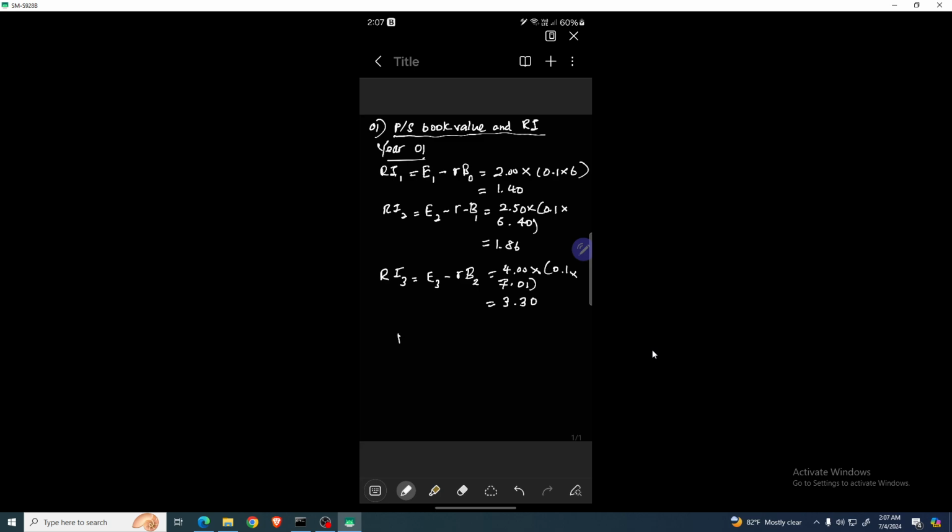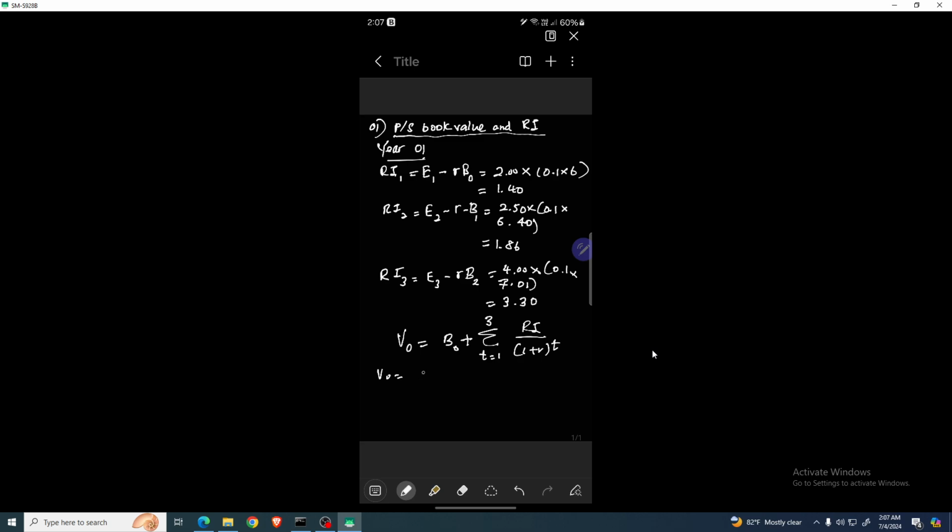So if we were to write this equation, V0 equals B0 plus sum of t equals 1 to 3, because we have 3 years, and then we have the residual income for each year over 1 plus r to the power t, right?